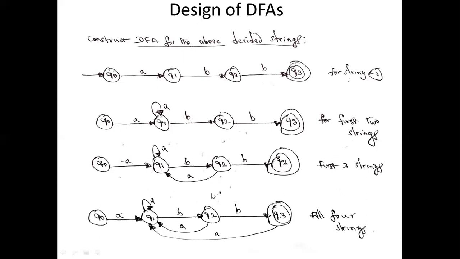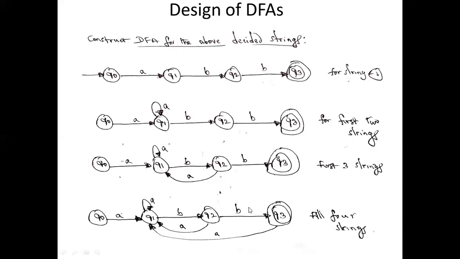Next one is ABBABB. ABB is available now; with ABB, we can reach the acceptance state. One more ABB is there, but here we have BB. We cannot reach here with only 3 symbols. We could reach that state with 1 symbol, but there is no such symbol here because only A is there. But after A, we can utilize these 2 Bs. That's why we need to come back to Q1 from Q3.